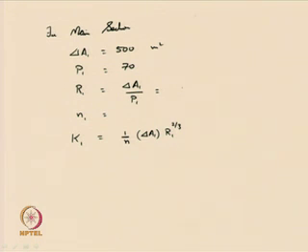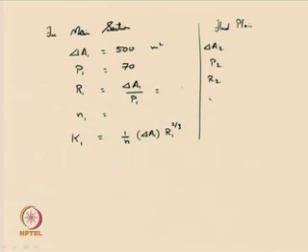Similarly, for the flood plain, del A2, P2, R2, n2, K2, you compute them and substitute them in the expression for alpha m and beta m, and you will get the corresponding coefficients.